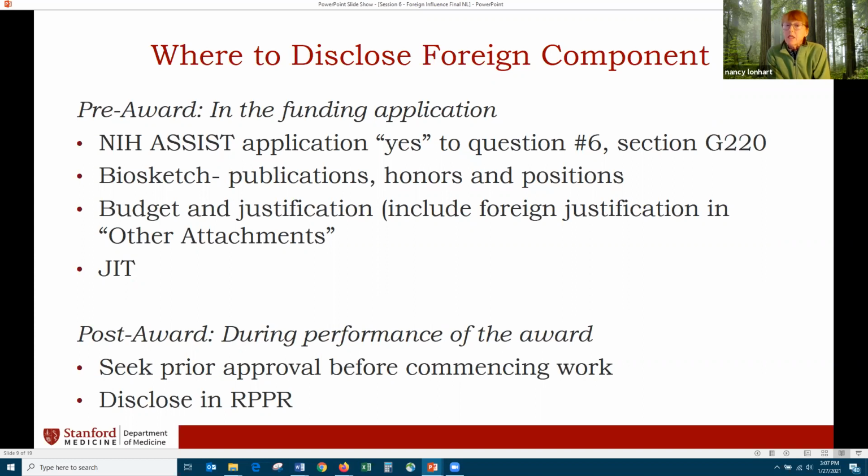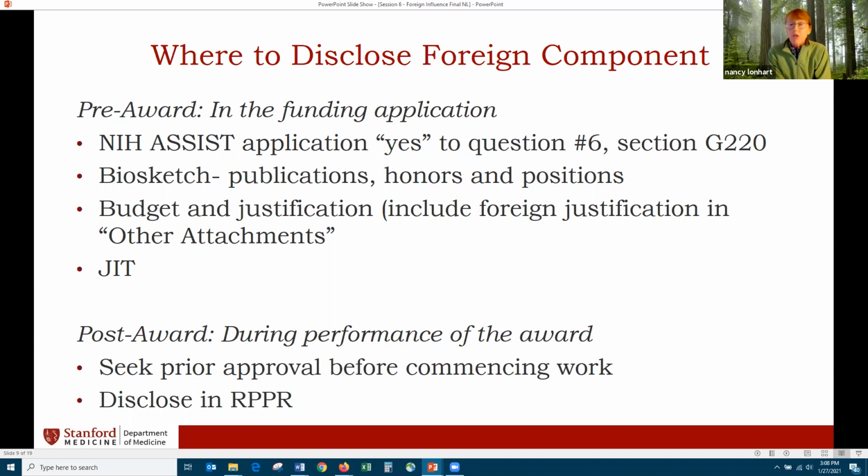You're going to want to disclose that in JIT, because obviously by submitting that subaward proposal as part of the proposal, you know that their activity is going to be significant for your project. You want to keep that collaborator, even though they've moved from Duke to the University of Bologna. So you're going to mention that in JIT.